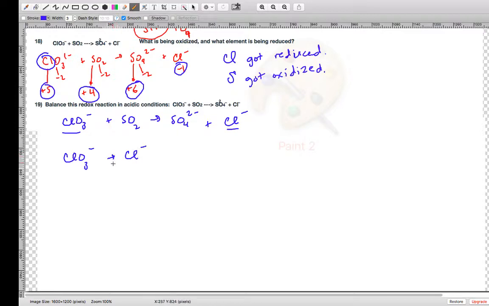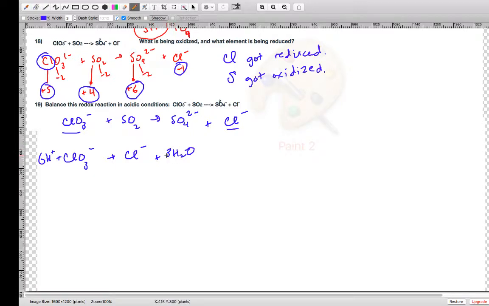First, I balance everything that's not oxygen. Then I balance the oxygens by adding water. So I'm going to add 3 waters on this side only, so I can balance the oxygens. So that was W. Next is H. Now I balance the hydrogen ions by adding 6 hydrogen ions over here, since there are 6 hydrogen atoms over here.